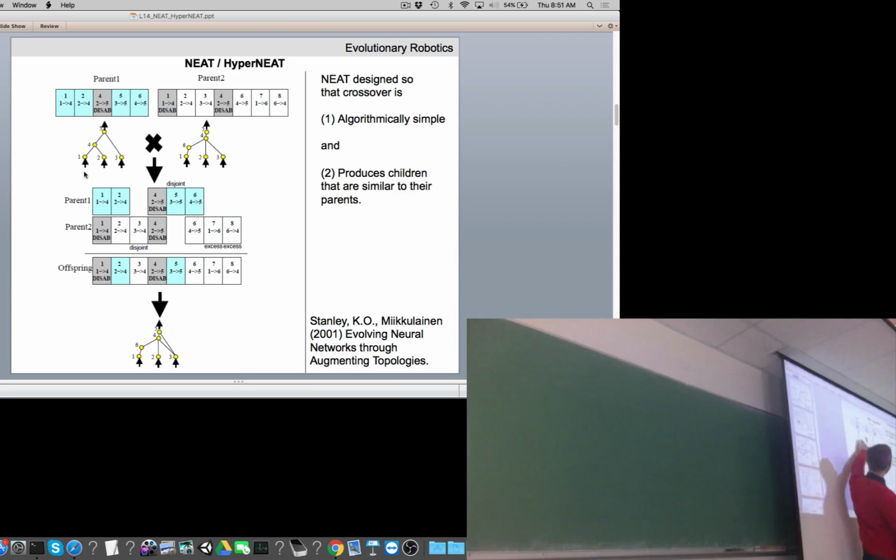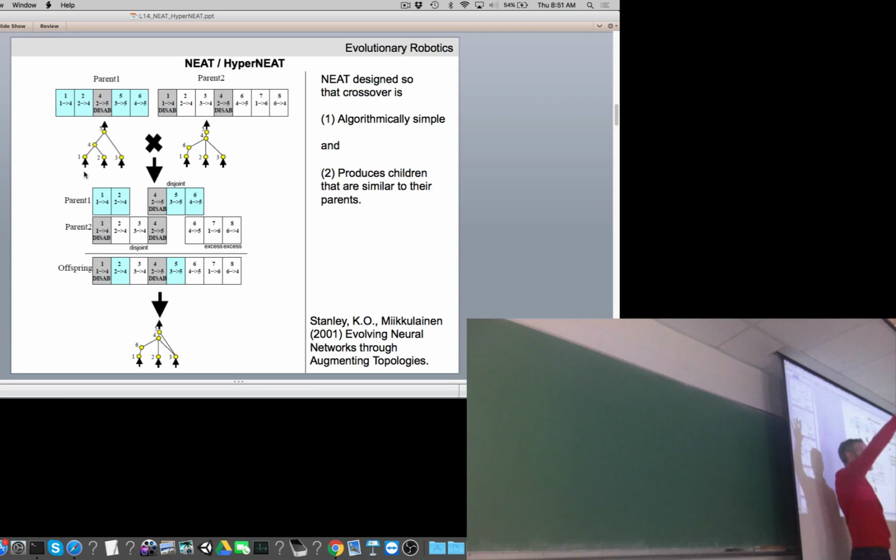So these two neural networks themselves must have evolved from some common ancestor. Maybe there was an ancestor that had synapse 1. I'll just say synapse 1 to mean the synapse with the innovation number 1. There was some common ancestor that had synapse 1. That neural network in this evolutionary past here might have produced a mutant, and that mutant inherited synapse 1.